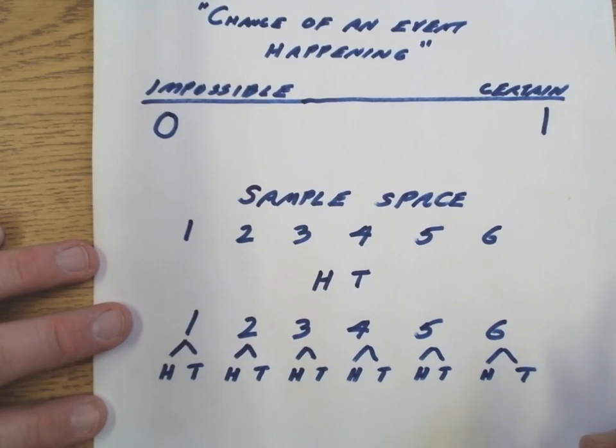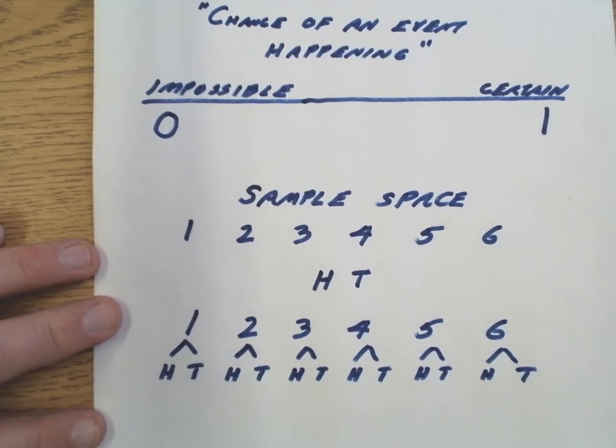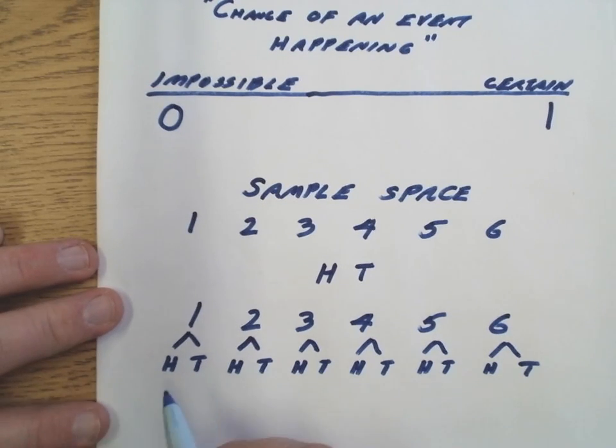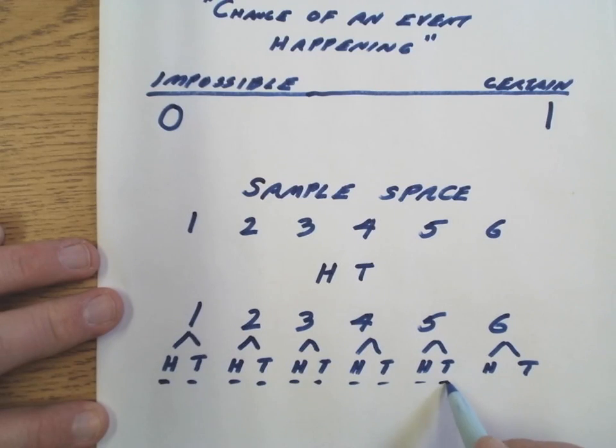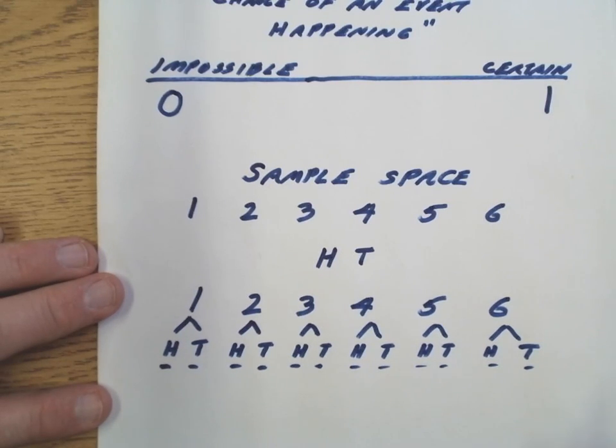Now, if we roll a die and get a certain number, and if we flip a coin and get a certain heads or tails, how many possibilities do we have? If you take a look down here, we have a total of 6 times 2, or 12 possibilities.